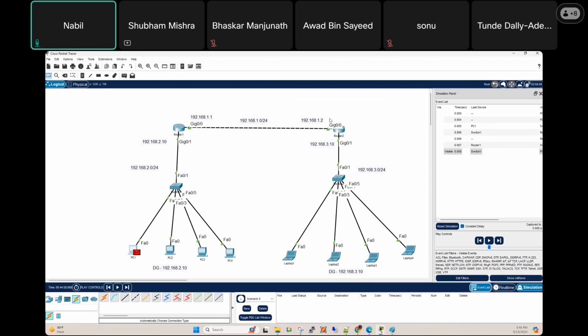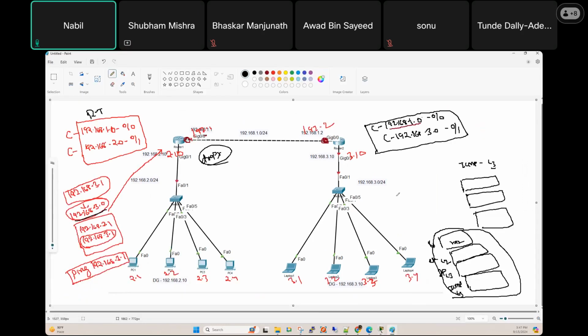Yes, I have a question, Shubham. Why does router number 1 not check its ARP table to send ARP requests to other interfaces? Just tell me one thing. What is the use of ARP? To get the MAC address. I am asking two questions. One question: what is the use of ARP?